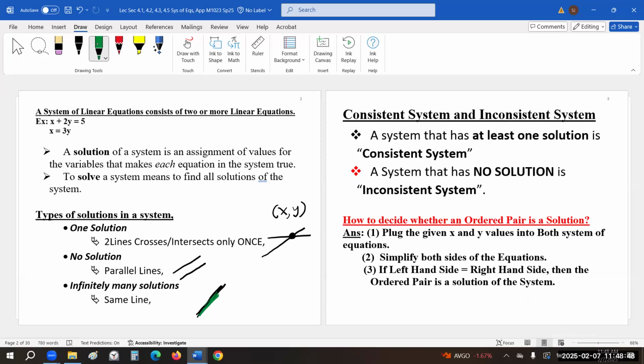Now, whatever system has a solution, we call it a consistent system. If our system doesn't have a solution, we call it an inconsistent system.